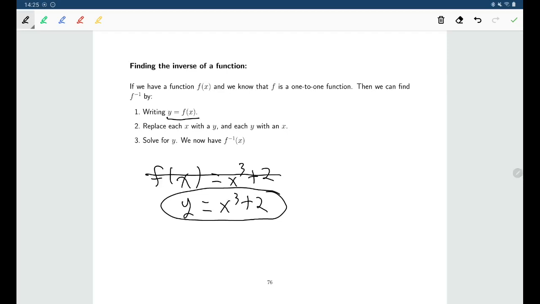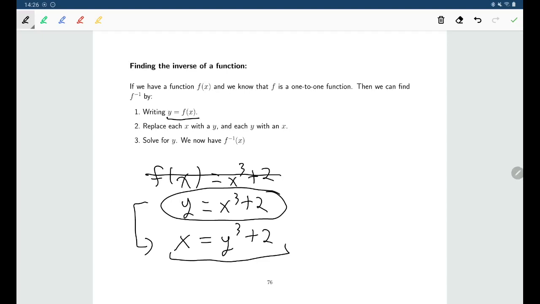And then the next move would be to switch x's with y's. So just like we said in the graphing, anything that's an x becomes a y, and anything that's a y becomes an x. Same thing here, we would then switch the x's with y's, and switch the y's with x's. And then the last thing to do is take this equation, now that you've switched x's and y's, and solve for y.